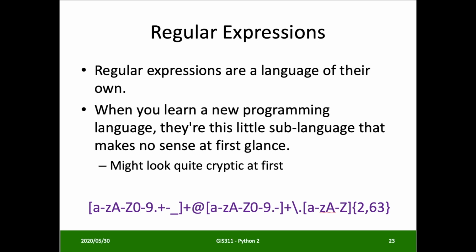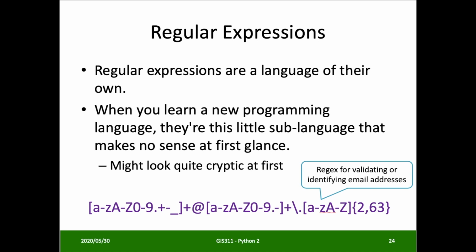You can see there's some numbers and letters with an at, numbers and letters, and again 2 to 63. So this is actually a regex for validating email addresses, to make sure that there is something at something dot something. This is just to make sure that your email addresses are actually correct.